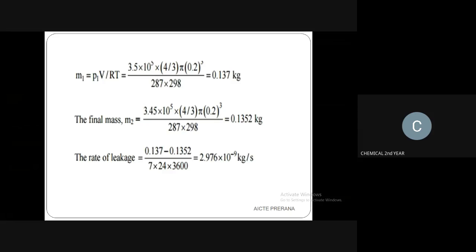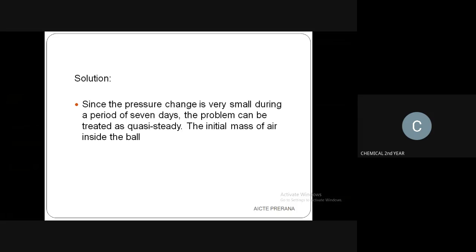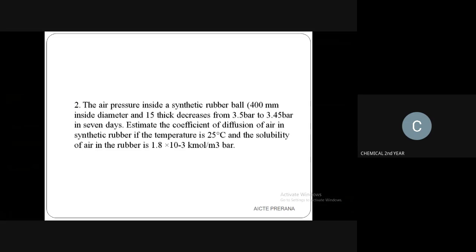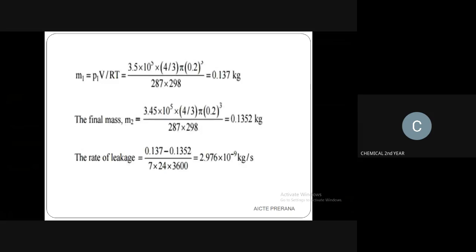So for the initial mass, pressure is given in bar, so we convert it to pascals: 3.5 into 10 to the power 5, into the volume. The volume you can write as 4 by 3 into pi into the radius cubed, that is 4 by 3 into pi into 0.2 the whole cube.